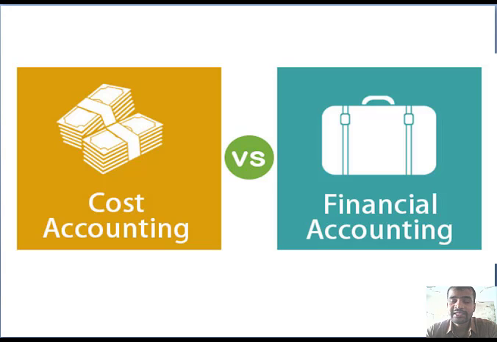In its widest usage it embraces the preparation of statistical data, application of cost control methods and ascertainment of profitability of activities carried out or planned.